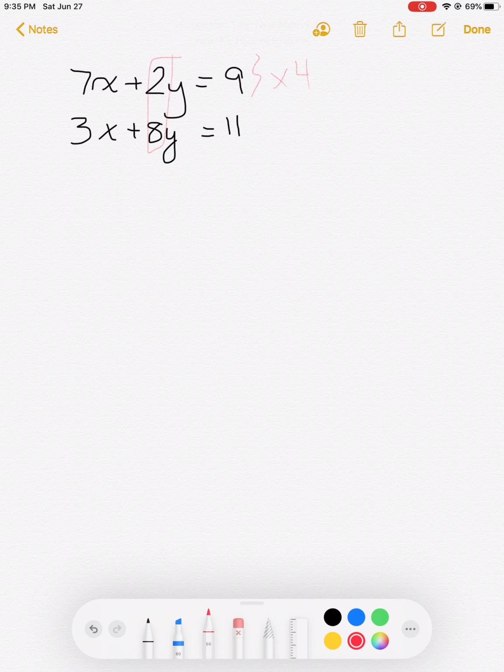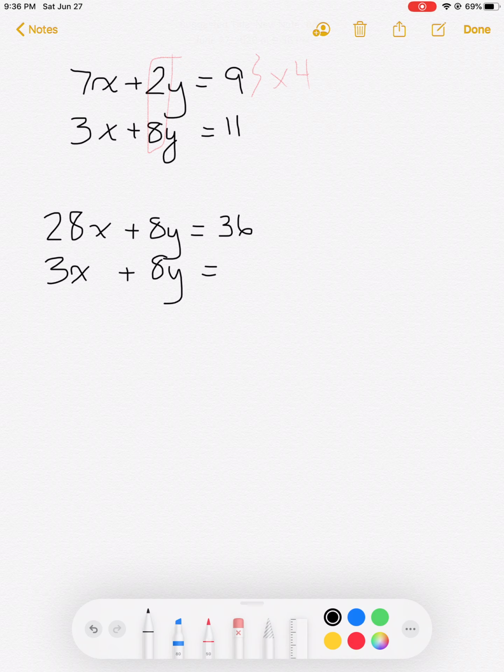So that would give us a new line of 28x plus 8y equals 36. And then the second one, we just left it the same, so we just technically multiplied it by 1. 3x plus 8y is equal to 11. Okay? So that's our new set of equations.